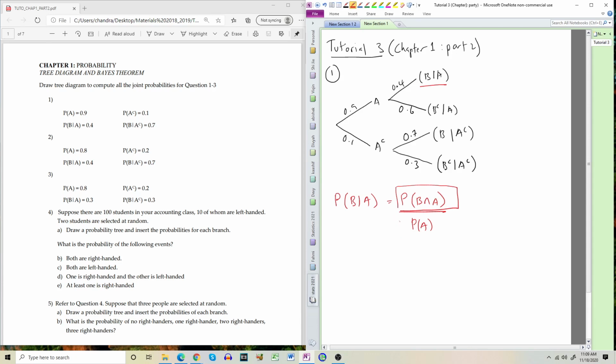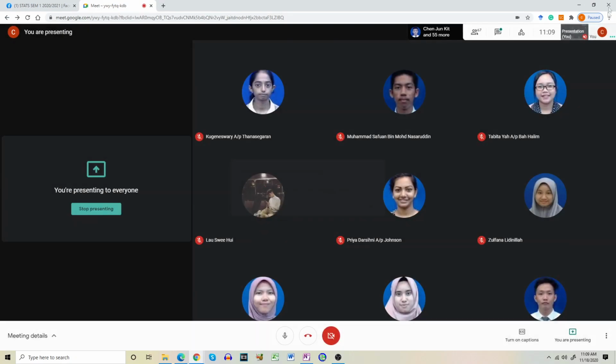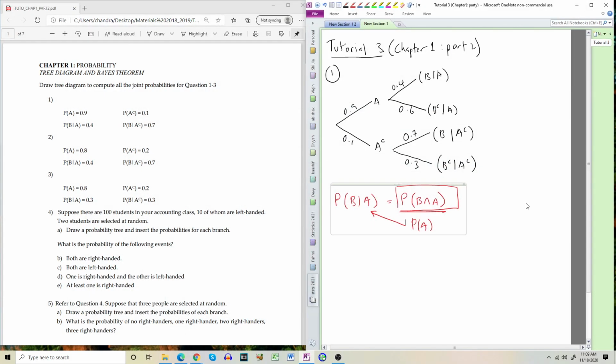So how do we find B and A? You multiply along the branch, and you will get B and A.